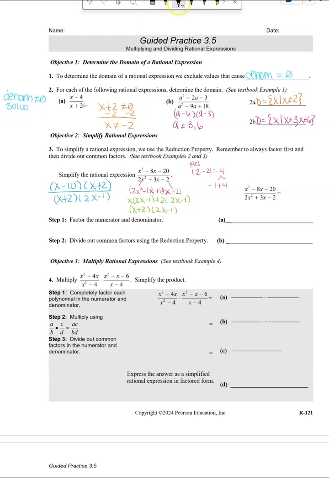Now we can cancel our x plus 2's, and that's going to leave our x minus 10 over 2x minus 1. I didn't put anything where it was supposed to go, but this would go in this box. Sorry for that.